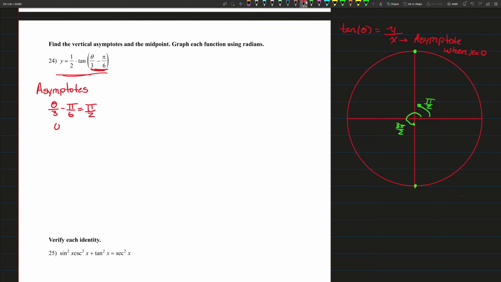So theta over 3 is equal to pi over 2 plus pi over 6. Then theta is equal to 12 pi over 6.